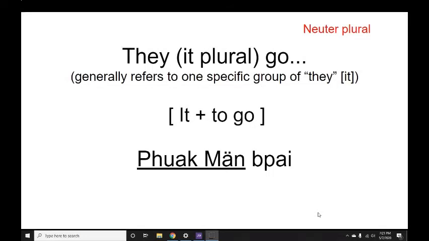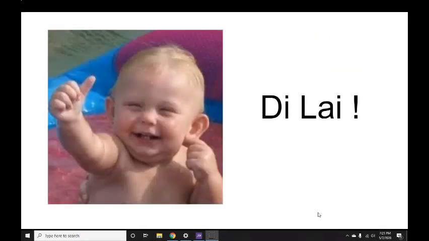Okay, puak man for they. A bunch of its. Now again, this word is used in reference to the demons in the Bible. So again, we're not going to use this with people, but we can use it with animals and other things. Puak man, as in many of them. Okay, very good.